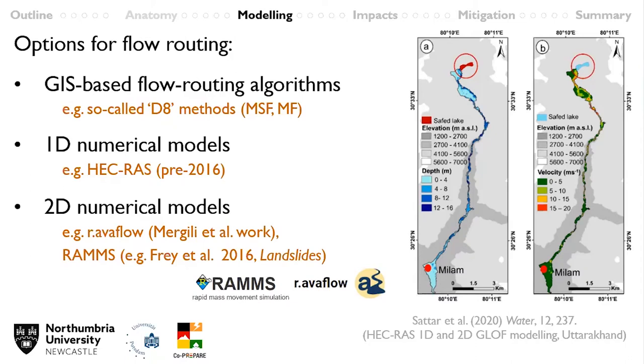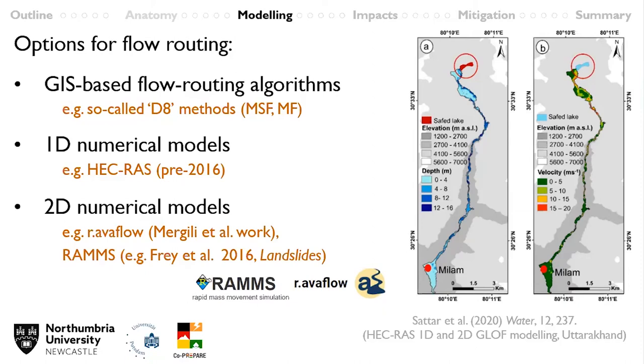They can be very complex. They can transition in both space and time from clear flows to very debris-laden complex flows. And so these state-of-the-art two-dimensional numerical models can simulate this as well, which is obviously great for the physicality side of things and doing the best job possible of representing what actually happens in reality.